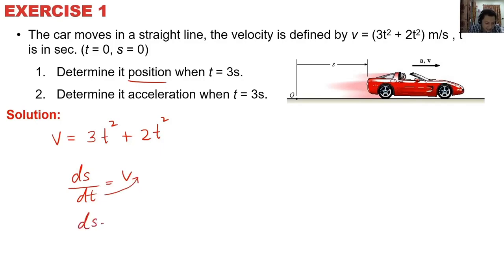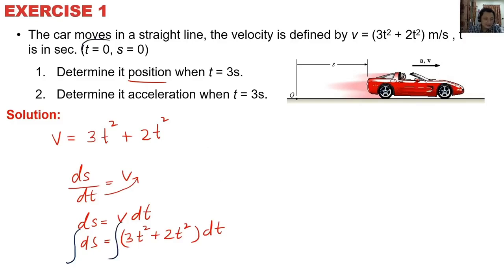You're going to get ds is equal to v dt. So plug it in. v is equal to 3t squared plus 2t squared, dt. ds. So what do we do? We integrate.